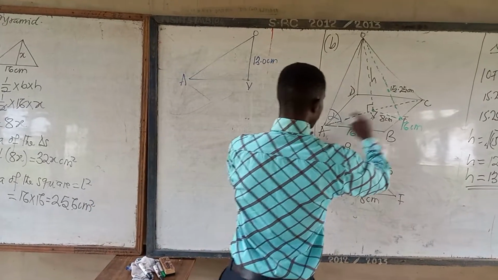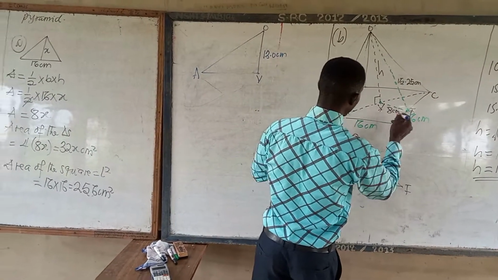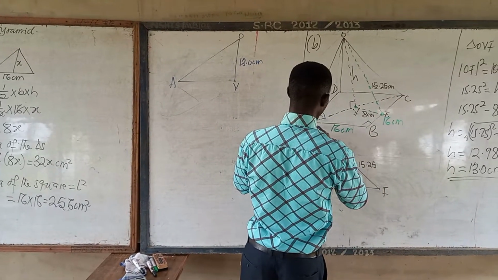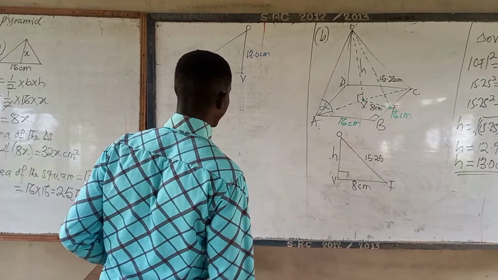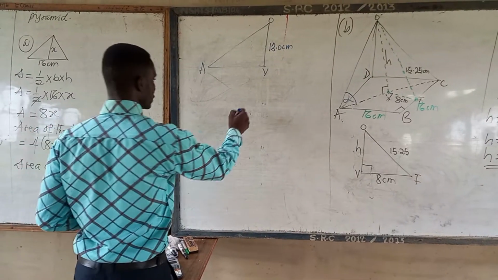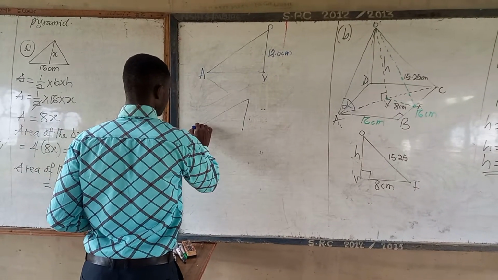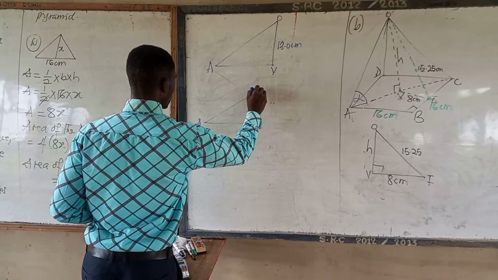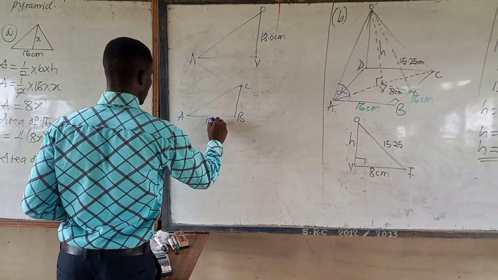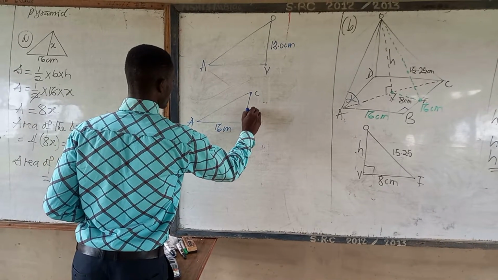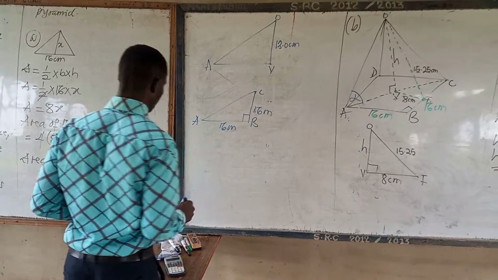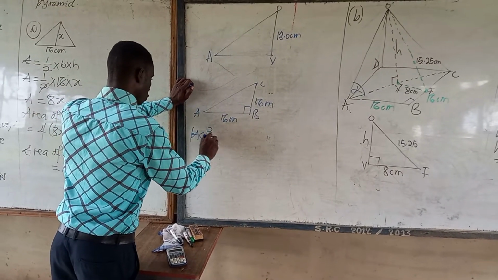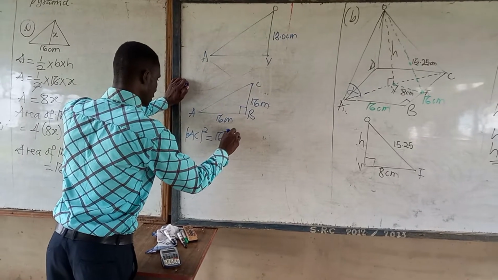And to get AC, you know, this is a square, each corner is 90 degrees. So ABC is a right angled triangle. Here is 16 centimeters. Here is 16 centimeters. Here is 90 degrees. So we pick AC squared is equal to 16 squared plus 16 squared.